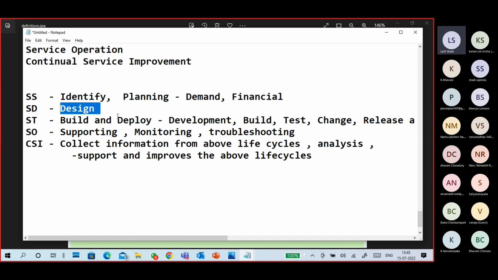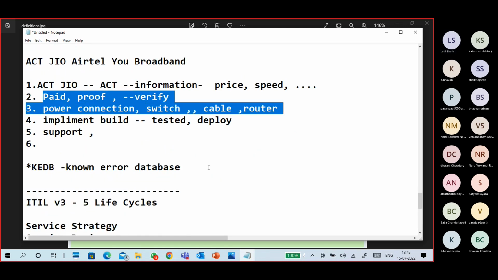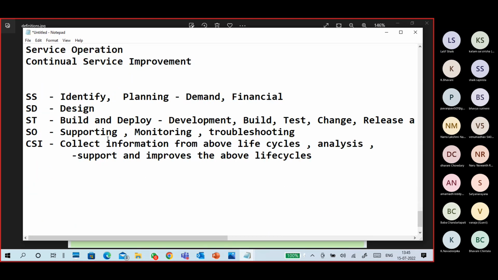What service you are providing, what the customer requires, you have to provide, right? So you have to design according to the service catalog, or design the service catalog according to your service provision. Planning and designing means how to implement this kind of stuff.